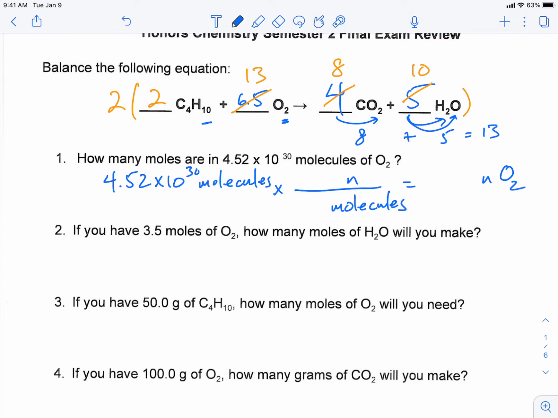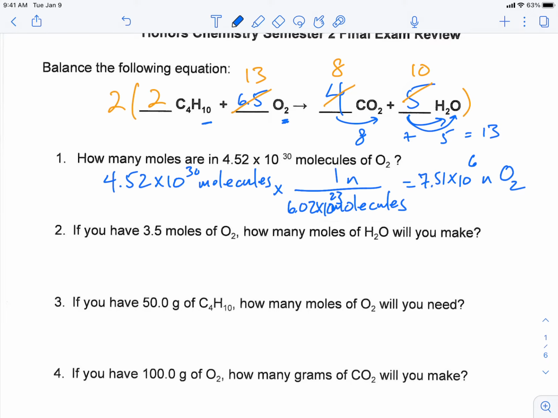Conversion factor between molecules and moles is Avogadro's number. So for every 1 mole, there's 6.02 times 10 to the 23rd. All right. So then calculating that out, it works out to be about 7.51 times 10 to the 6th moles of oxygen. All right.